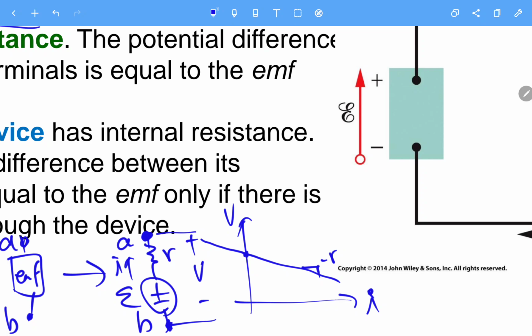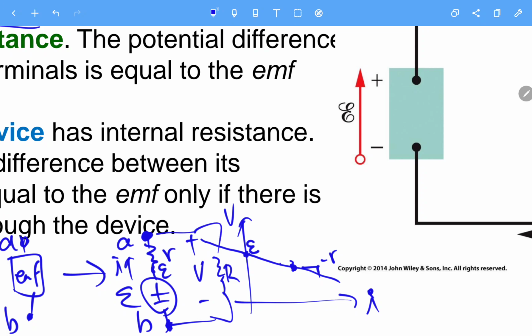If there is no current, this is E. This is also E because there is no current going through this resistance, so there is no voltage drop. But if there is a current, a larger current will make a larger voltage drop here. For example, this is E, and this will be smaller. It depends on how large the loading is.